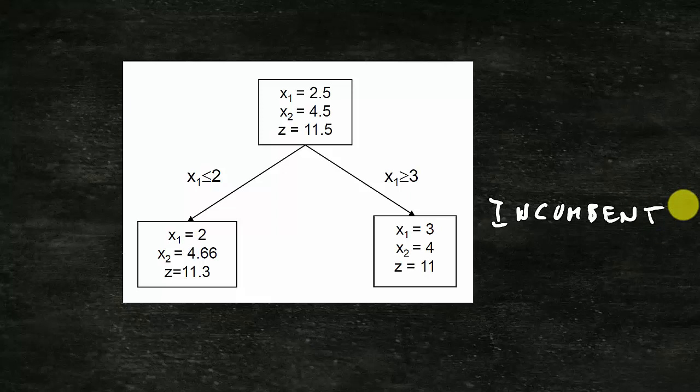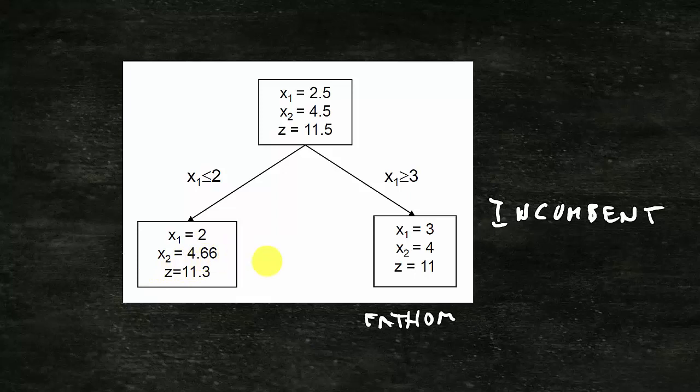For this particular case, you can pretty well tell it's the optimum solution, but there might still be a surprise. So we have an incumbent, and then we fathom this branch. We don't go any further because we already have an integer solution, so there's no more branching to be done. This other branch, x1 less than or equal to 2, we have to branch further. So this time we branch that x2 is either less than or equal to 4, or greater than or equal to 5.